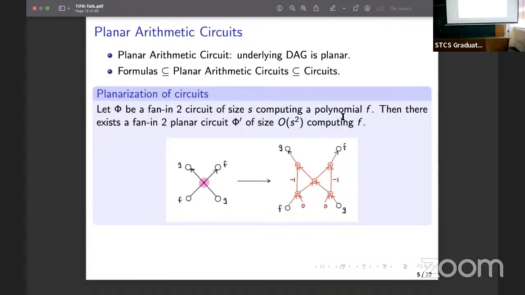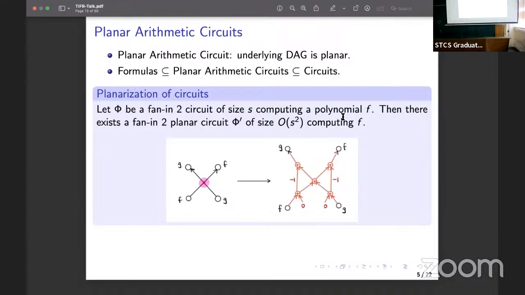What you do is, the given circuit may not necessarily be planar, so there will be edge crossings. Somehow we need to eliminate these edge crossings. At every crossing here, there are 2 gates and 2 wires. Whatever is on this wire must reach this gate and so on. So there is an edge crossing. This crossing can be eliminated by attaching a small gadget.